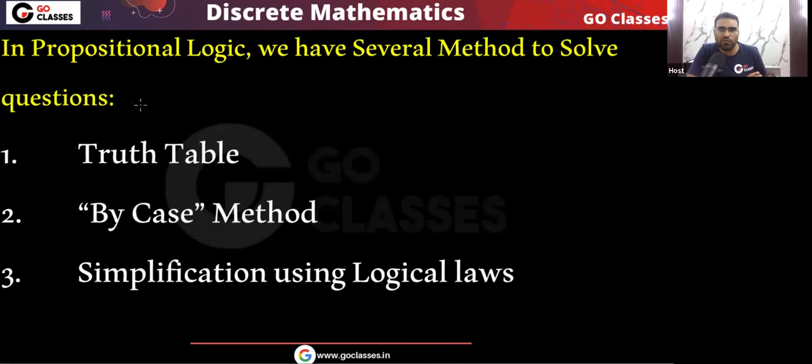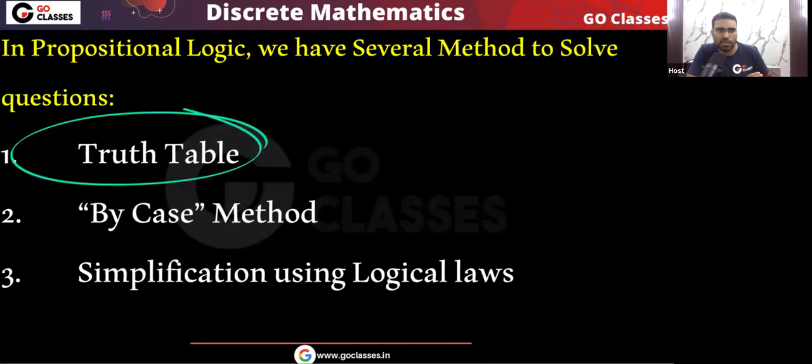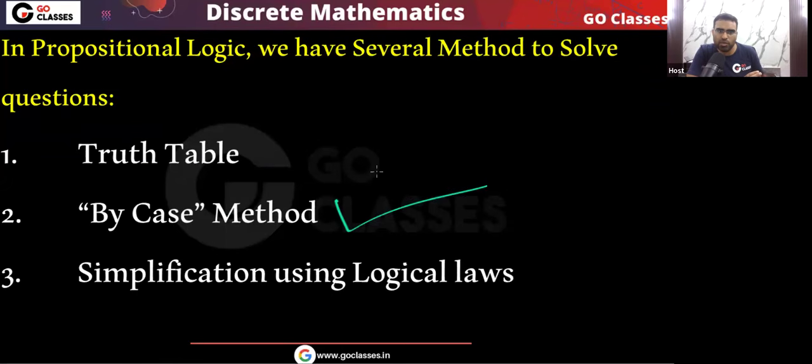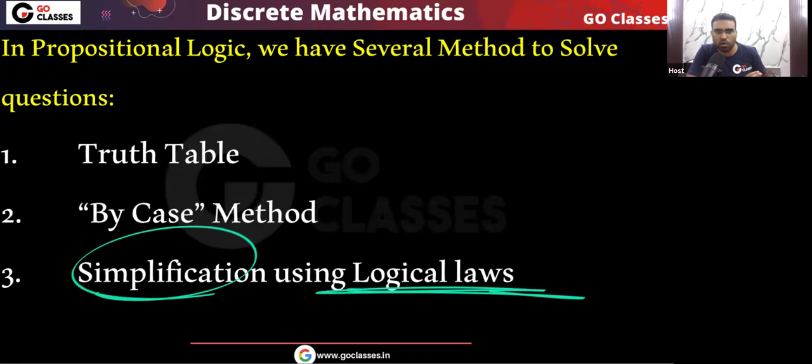Remember, so far to solve questions you can use a truth table, but this is an inefficient, boring method, so never use it. You can use the by case method, or you can use the simplification method using logical laws.